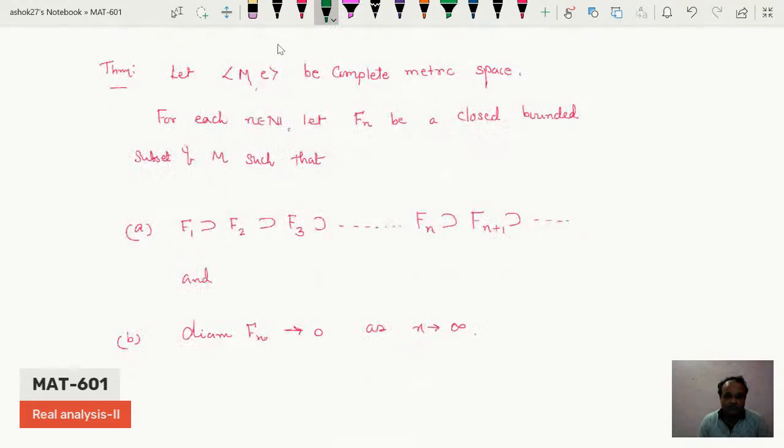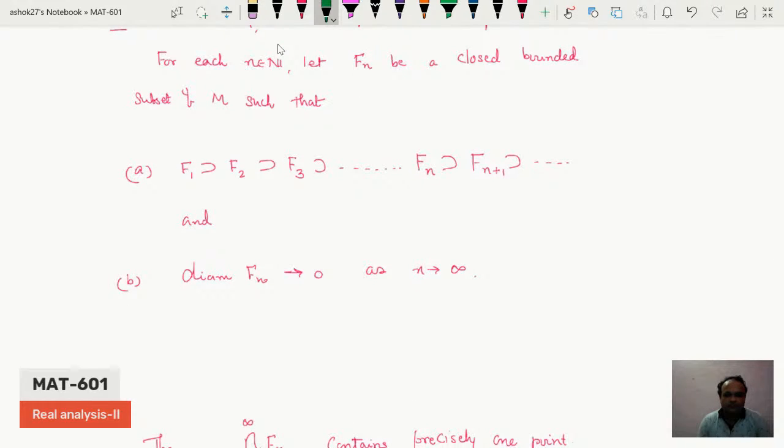Next theorem. Let (M, rho) be a complete metric space, and for each n, let Fn be a closed bounded subset of M, a family of closed bounded subsets which satisfy this condition: F1 is the largest, F2 is contained in F1, F3 is contained in F2 and hence in F1, and likewise Fn plus 1 is contained in Fn.